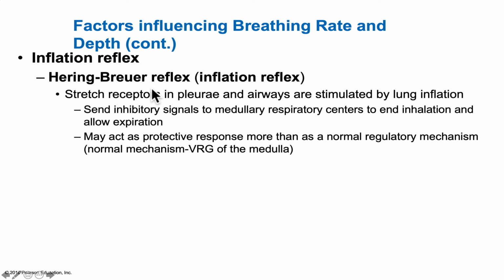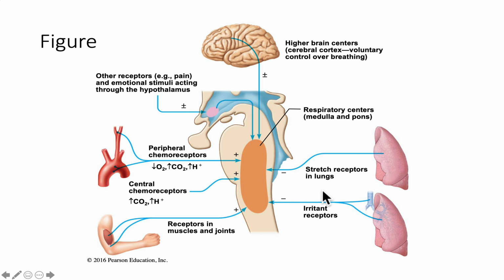And it's thought to be more of a protective response to prevent the lungs from being stretched excessively rather than a normal regulatory mechanism. So this illustration just goes to show you that many different types of stimuli are able to stimulate the respiratory centers in the medulla and the pons.